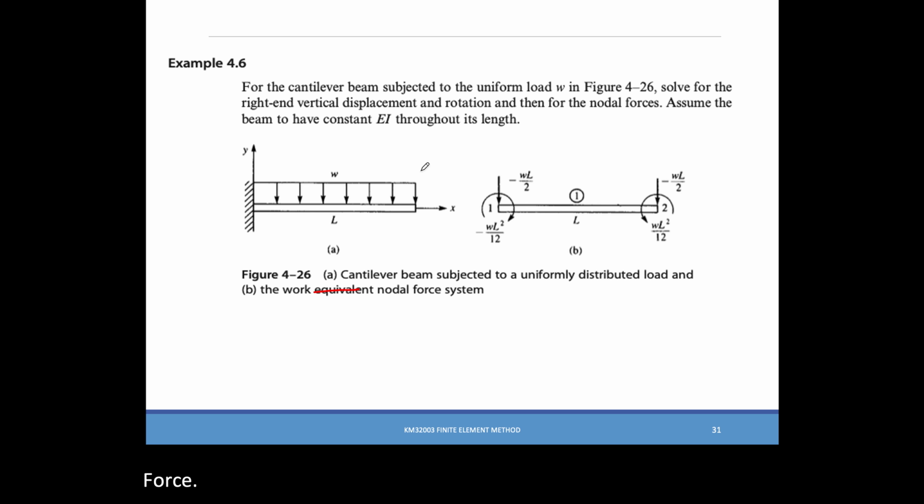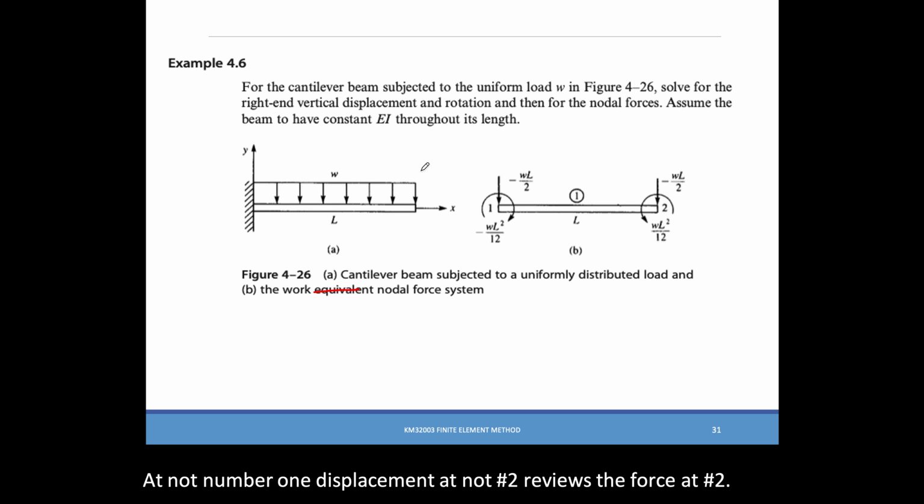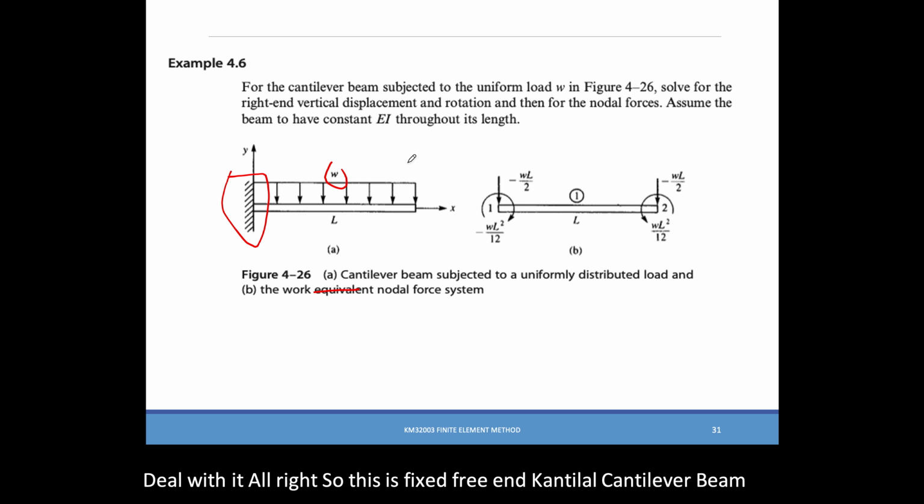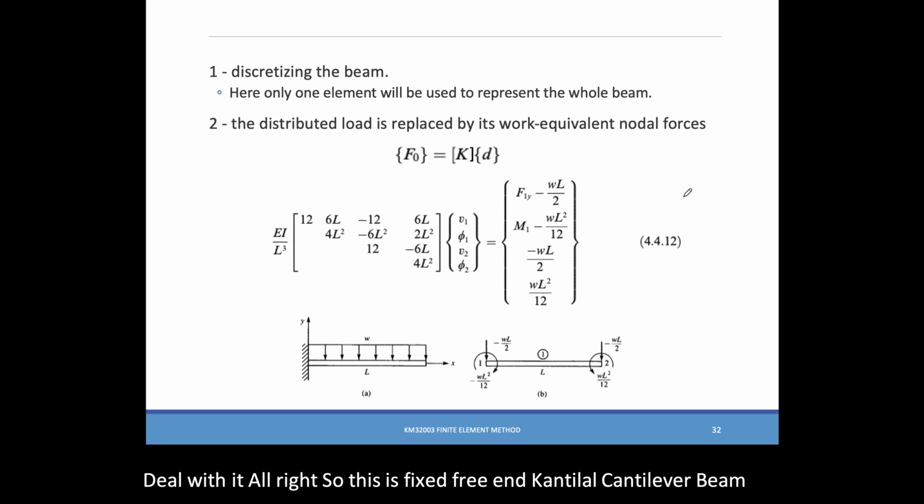So here we will see examples on how to deal with it. This is a fixed free end cantilever beam problem with a distributed load. We would break it into two discrete parts of load.